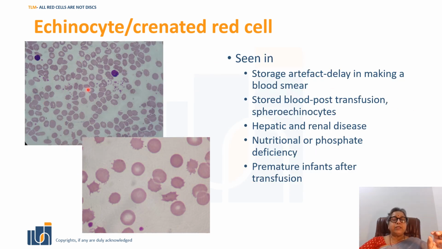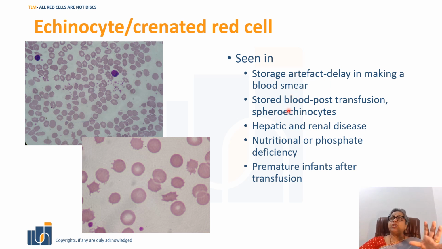So you find plenty of these kind of cells here. The most common cause of these echinocytes in our day-to-day laboratory practice is storage artifact, where there is a delay in making a blood smear.